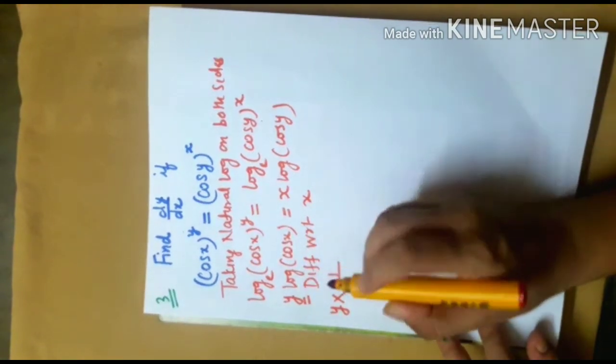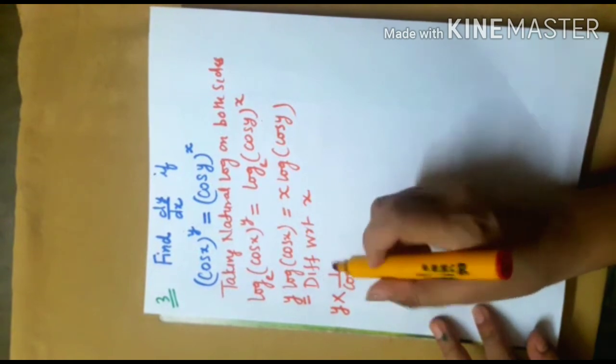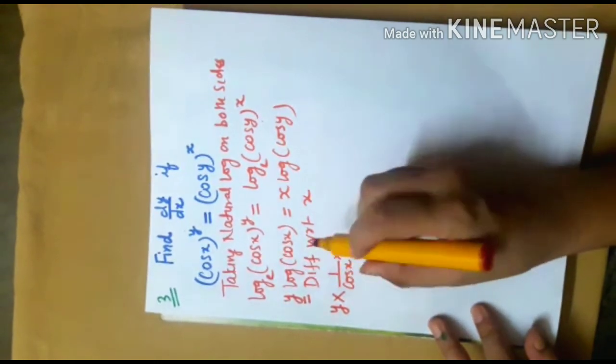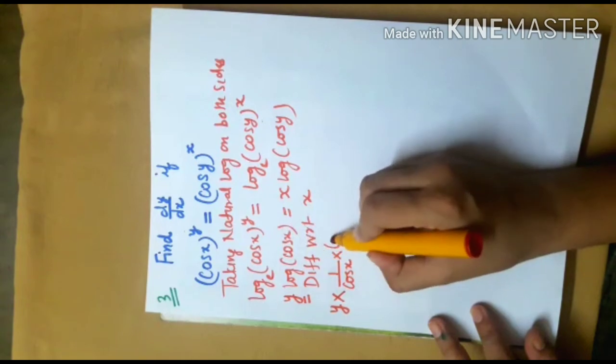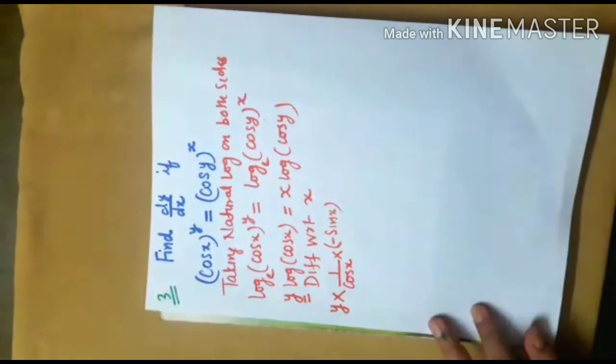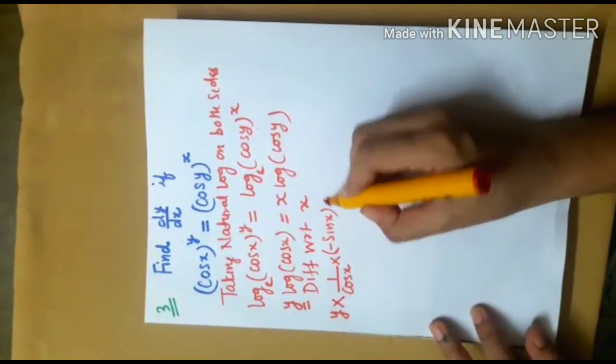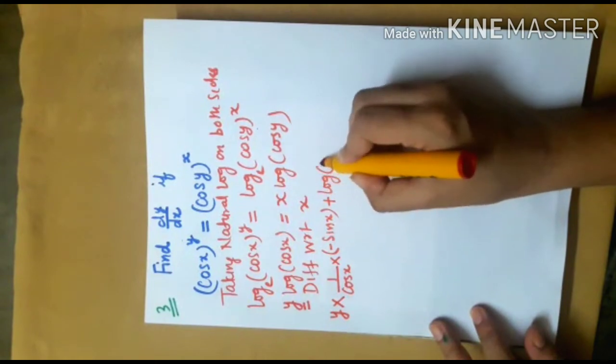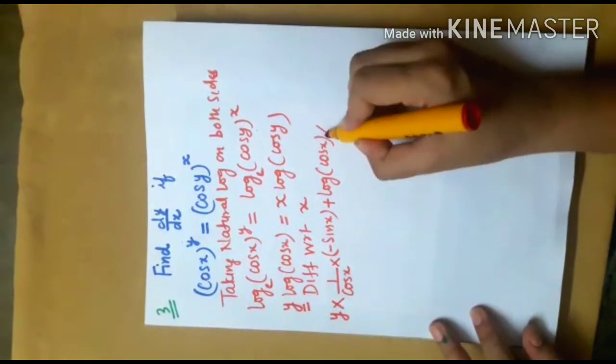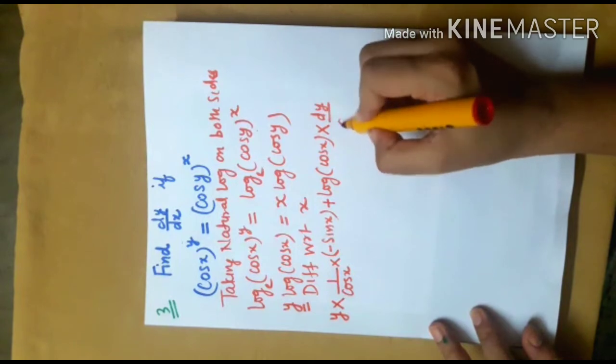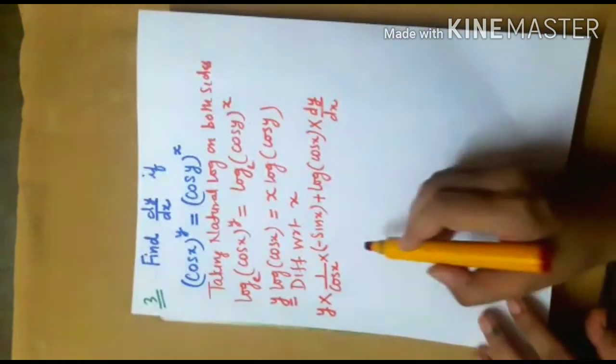It will be 1 by cos x into derivative of the inner function, which is minus sin x. Now plus second function, that is log cos x into derivative of first, dy by dx.